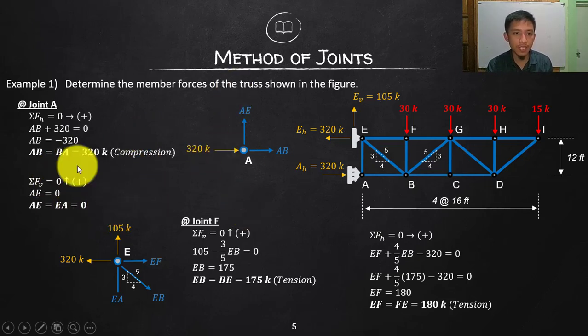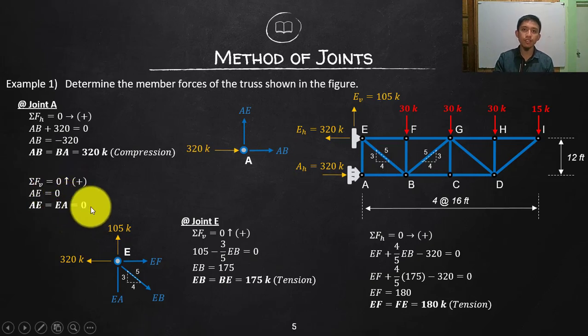Summation of forces vertical. AE is equal to nothing for us to equate to 0. So that is now AE, which will be the same as EA. So what do we mean by 0? Zero force. There is no force being exerted on that member. So we call that one a zero force member, or unstressed. What does that mean?